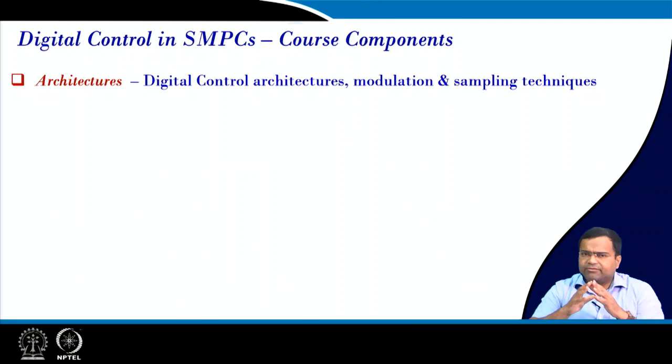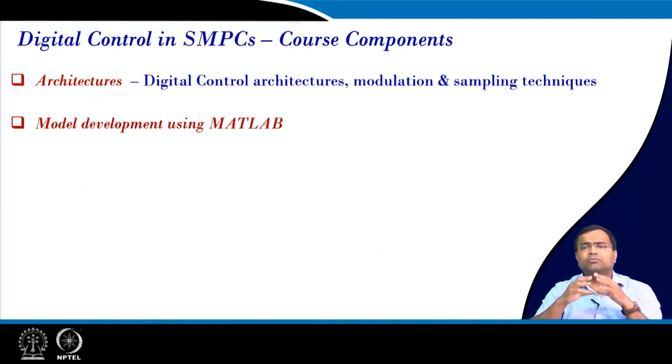There are also various digital pulse width modulation architectures. Various architectures will be presented, and different modulation, like trailing edge modulation and leading edge modulation, and what the sampling technique is under each, then how to sample under constant on time, constant off time, and hysteresis control. All this will be discussed.